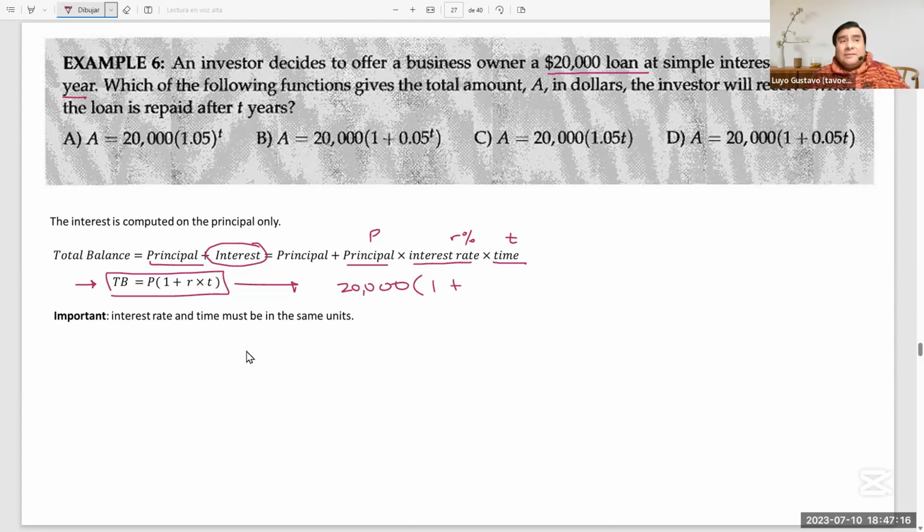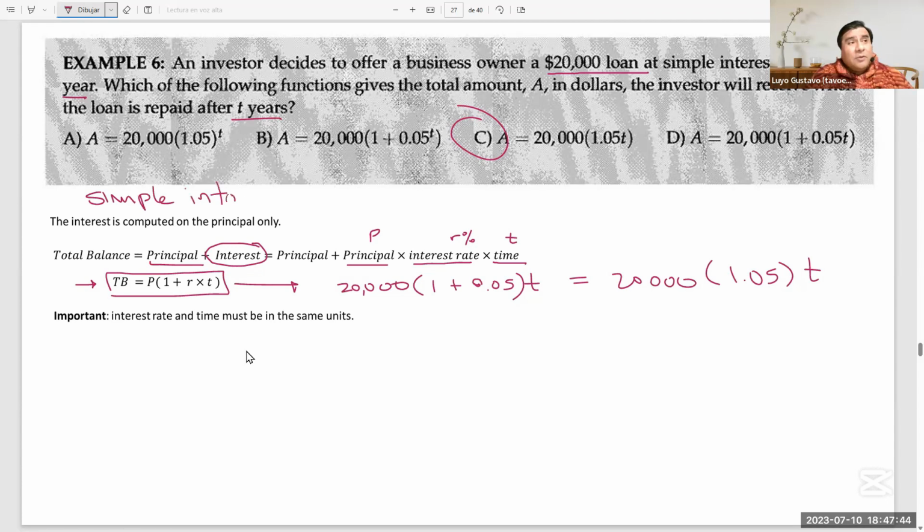It is 5%, so 0.05. And what is the time? T years, no problem. So this is 20,000 times 1.05 times T. Option C. That's it. Remember, this is the formula for simple interest. The other one was compound interest, all right?